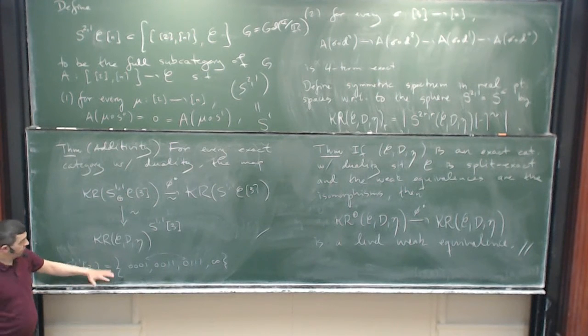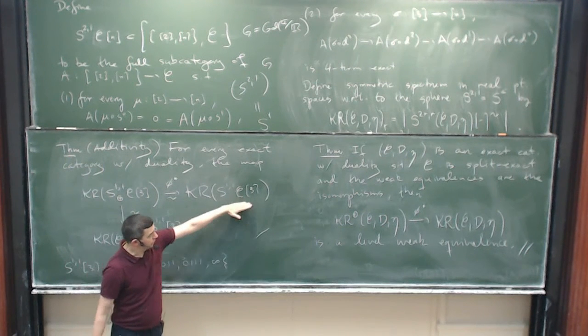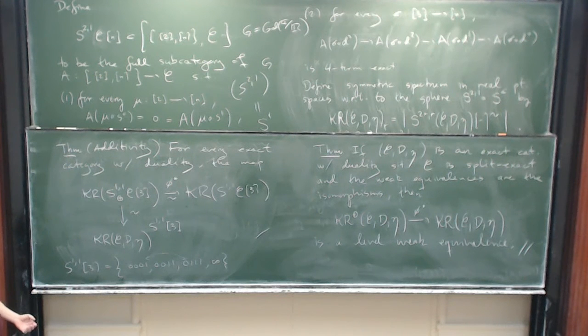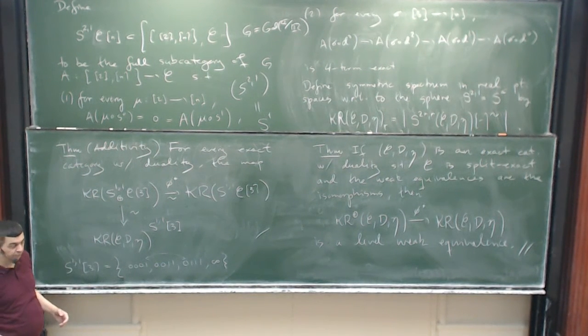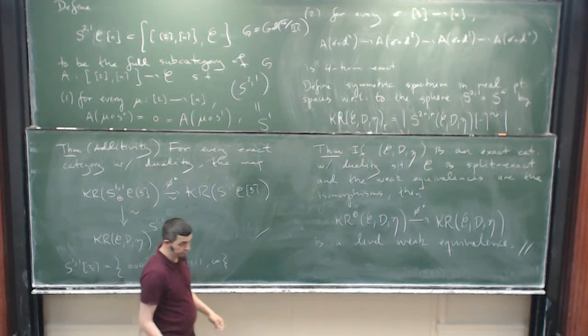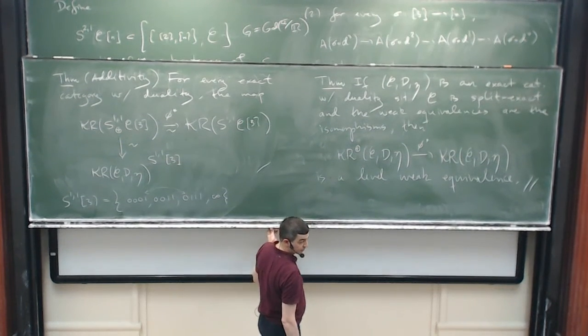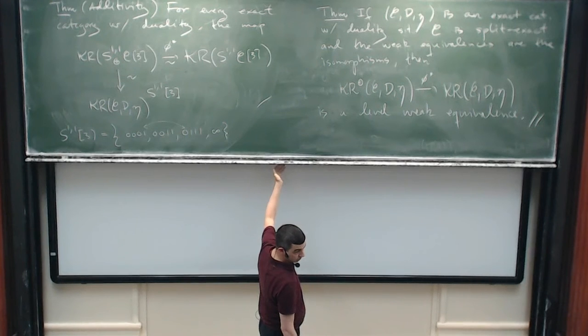And when you have this theorem, when you know that K^R breaks up diagrams of this kind, you can use that to break up any diagram you want. Marcus Lichting realized that this is the correct additivity theorem for when you have duality. Of course, it's equivariant.